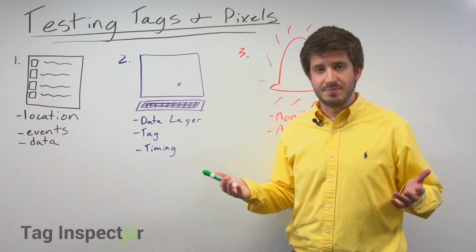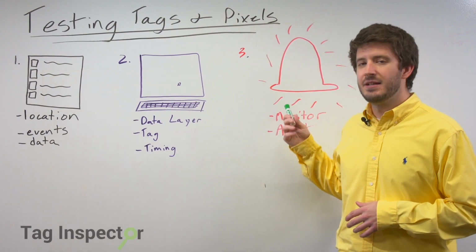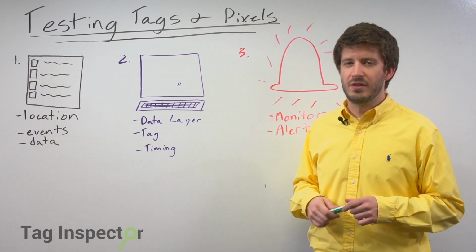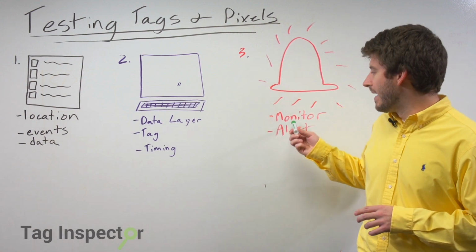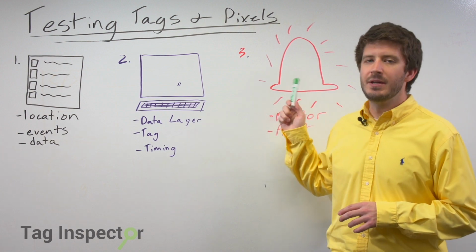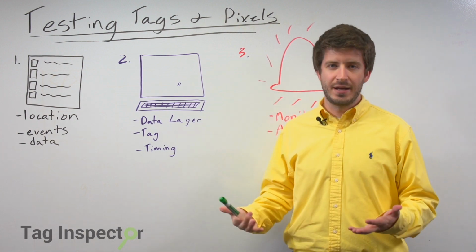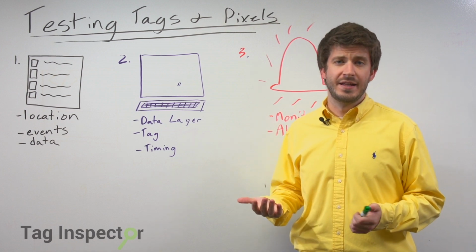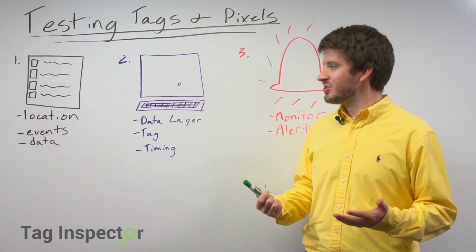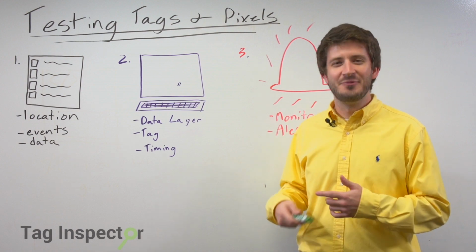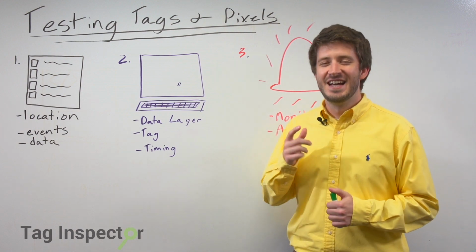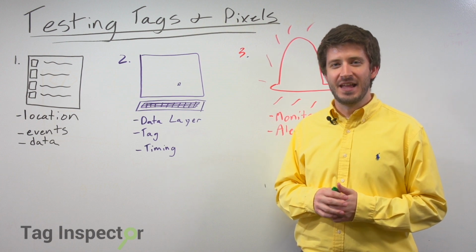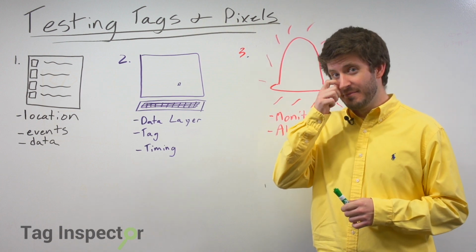Luckily, with Tag Inspector, we have a means of automating this validation. You could also, like I mentioned, do it manually with an ongoing process. But what monitoring allows you to do is simply be alerted when anything breaks, which is really the ultimate when it comes to validation. Unfortunately, we haven't figured out how to automatically fix everything for you yet, but we'll keep you up to date as that goal becomes nearer.